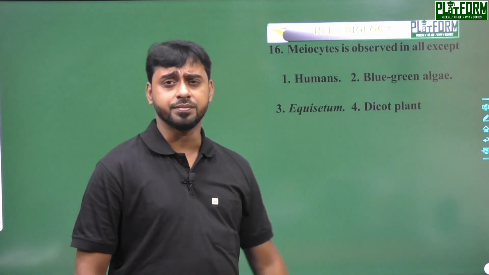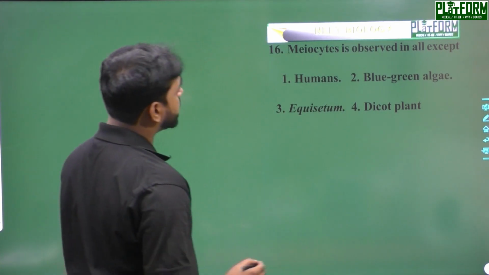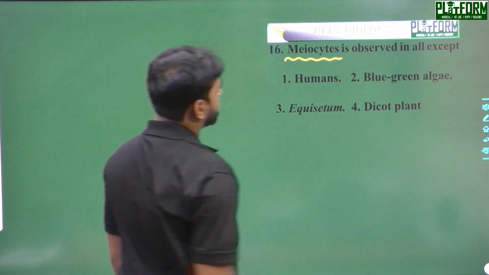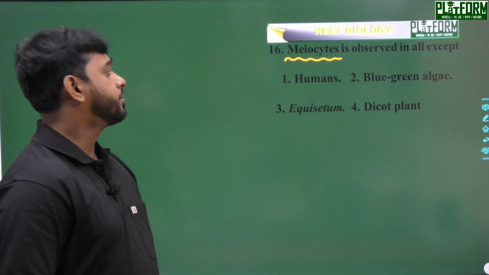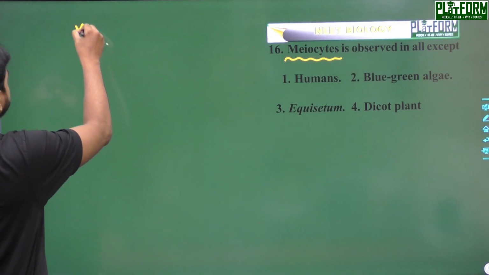This is the next question. This is a very interesting question where it is written that the meiocyte is observed in all except. Now, what do you mean by the meiocyte?